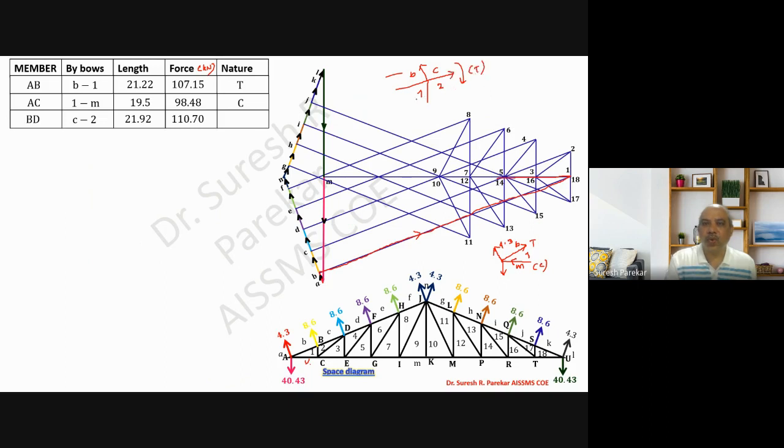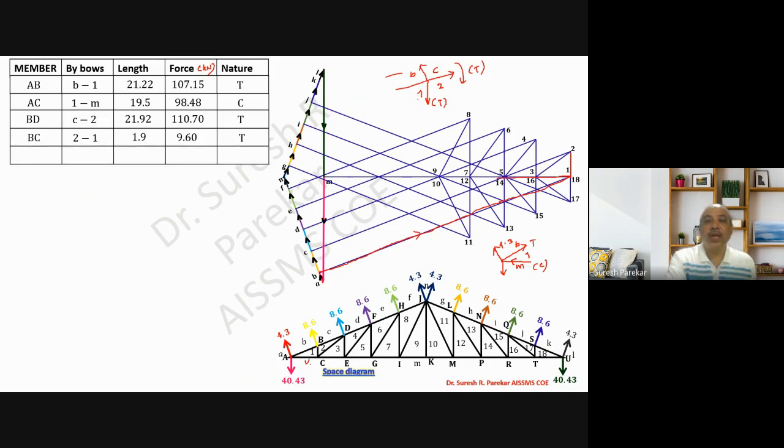Then from 2 to 1, where 2 is here, in which direction do we go? In the downward direction. Then we get BD as tension, and then BC. BC you can see is tension again, as this is downward. So likewise, we have to find the force in all members.